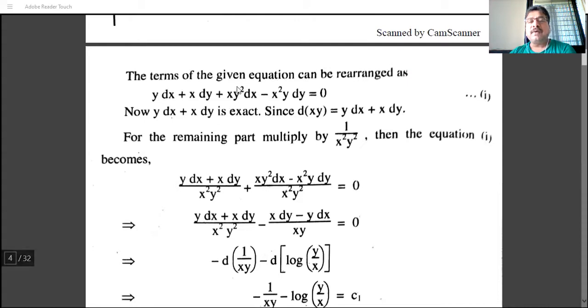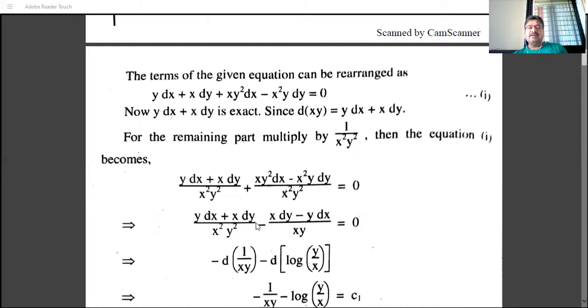Now we have to find what the third and fourth terms are the derivative of. For the remaining part, multiply by 1 by x square y square. Then equation 1 becomes: (y dx plus x dy) divided by x square y square, and then (x y square dx minus x square y dy) divided by x square y square, throughout multiplied by 1 by x square y square.